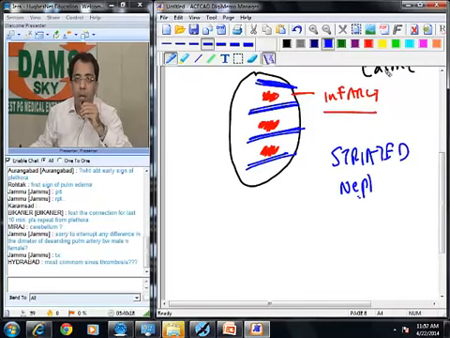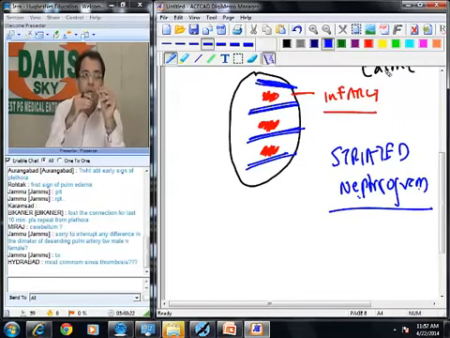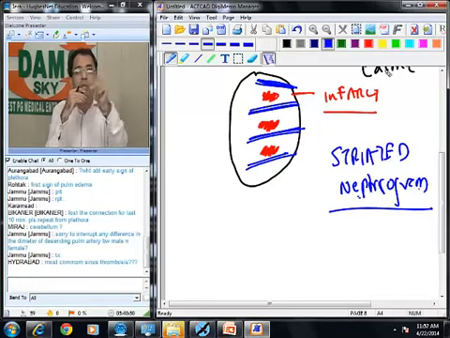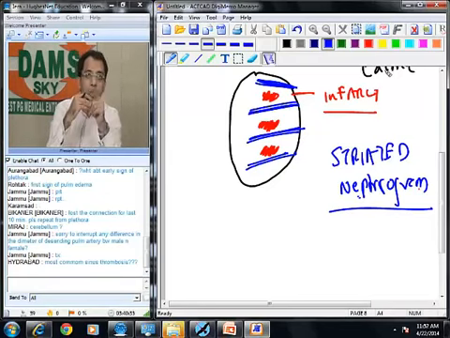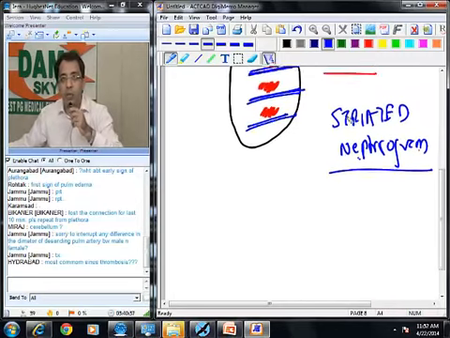Please remember, everything is interlinked, but you do not know the link. Because of areas of wedge-shaped infarct, on IVP in acute pyelonephritis you will see striated nephrogram, and on Doppler you will see areas of reduced vascularity. But your poor guidebook writers do not know this. So good for us.